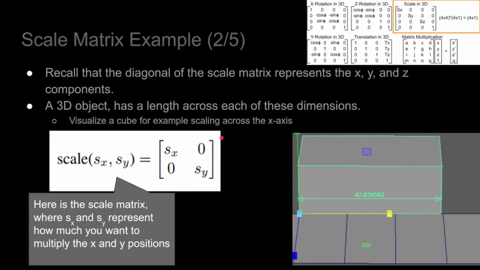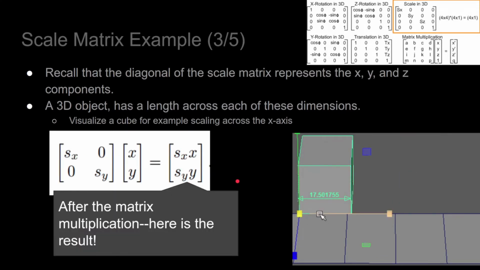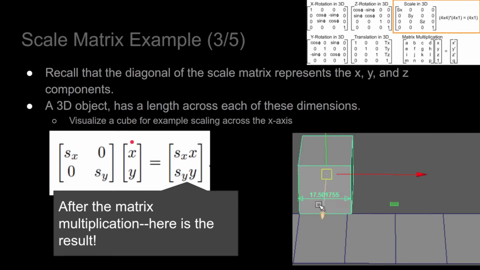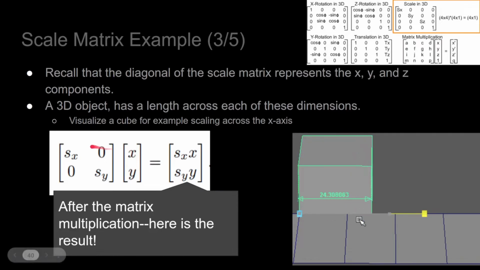Okay, here's the scale matrix again, just in 2D. Again, this is how much we're multiplying the values along the diagonal. So the scale matrix is nice here. Here's what the multiplication looks like. If you do the actual matrix multiplication, it's a good exercise, where we take the dot product of row 1 and this column 1 here.